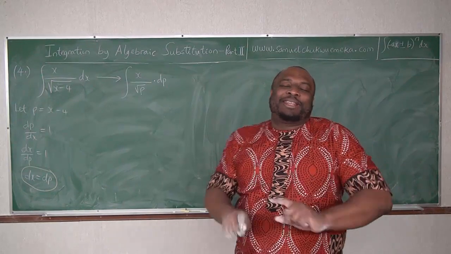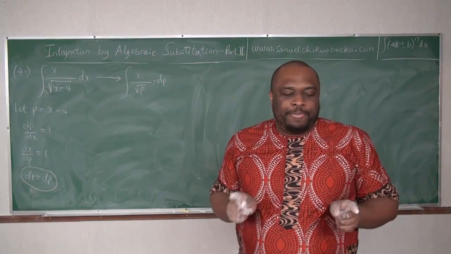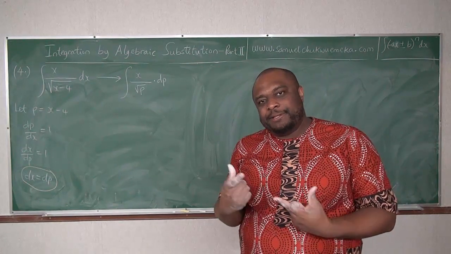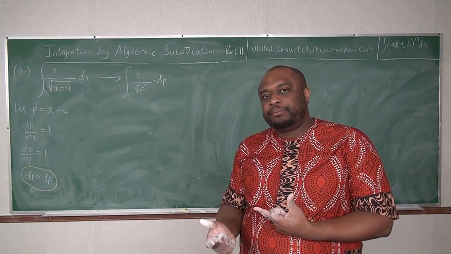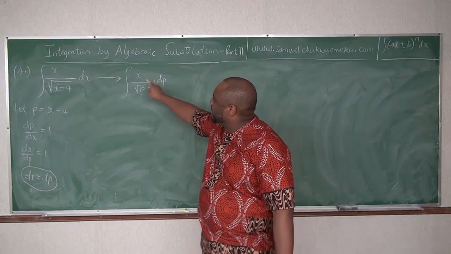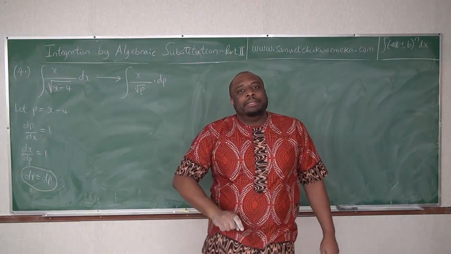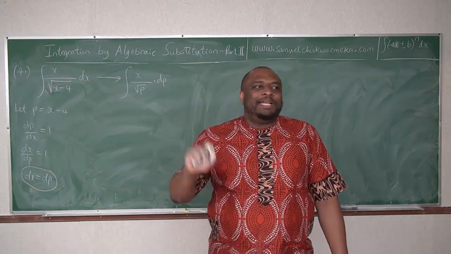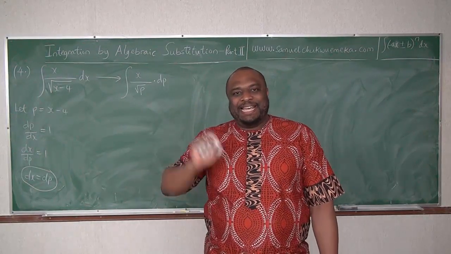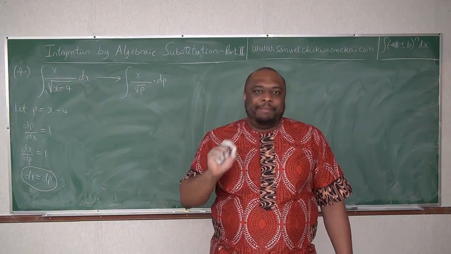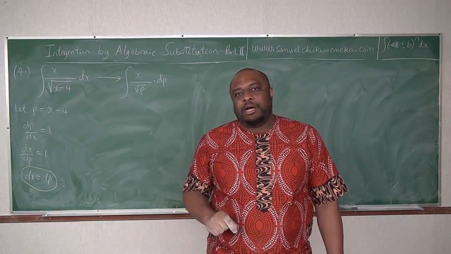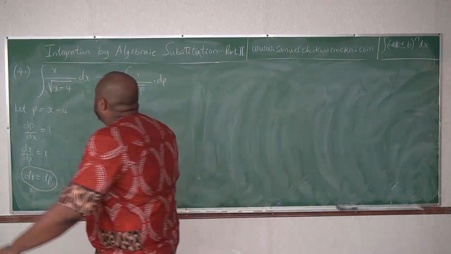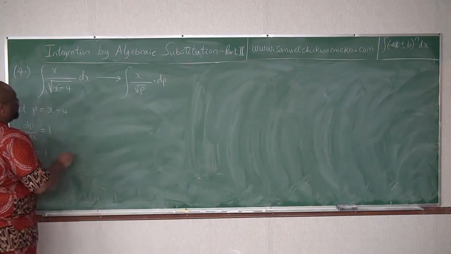So you ask yourself, can I express x in terms of p? Because this x is a hindrance. This x is a problem. Can I express x in terms of p? Can I make x the subject of the formula? So from here, let p equal x minus 4.